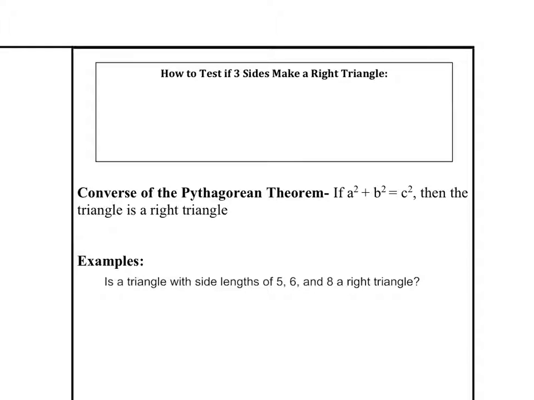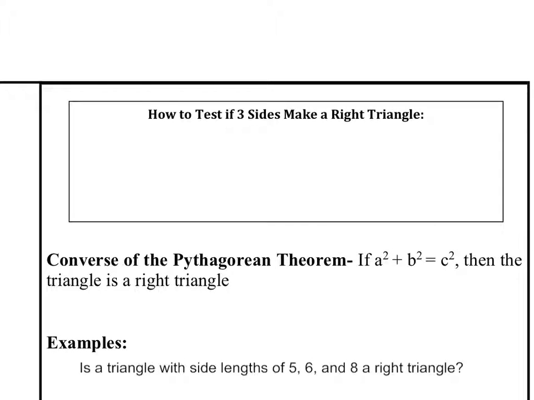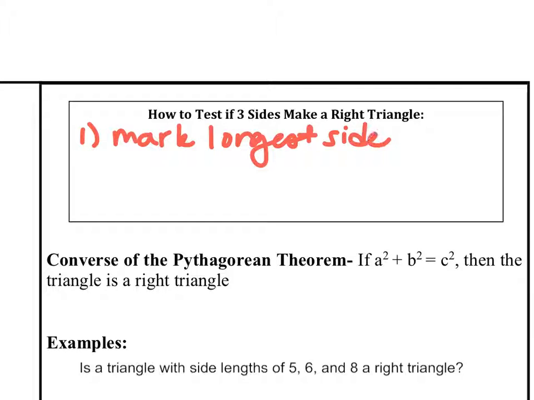So if I give you 3 sides and I say, tell me, do these 3 sides make a right triangle? Here's what you're going to do. You're going to mark the longest side as C. So you're going to find, okay, what's the biggest number? That's what has to be C, because C is the longest side. It's diagonal.